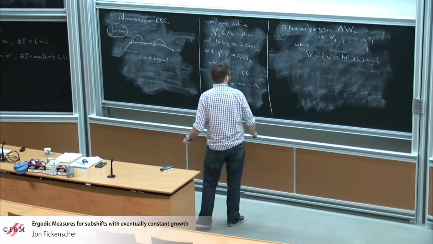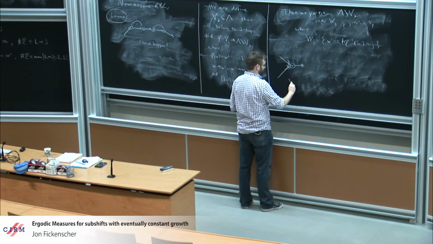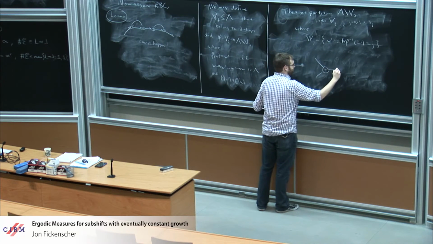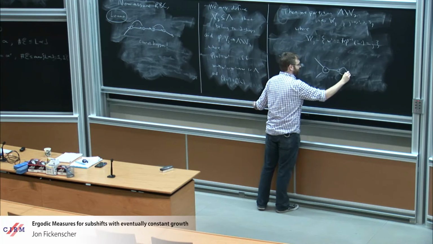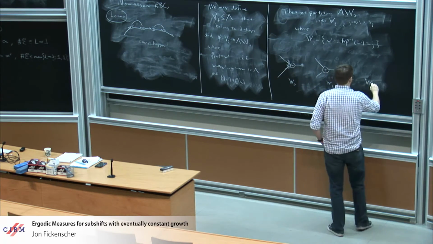So the pictures here then are somewhat clear. There are no loops around an element, and I'll be agnostic about the arrows because they don't matter. W1, W2.